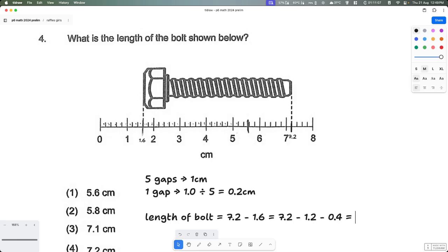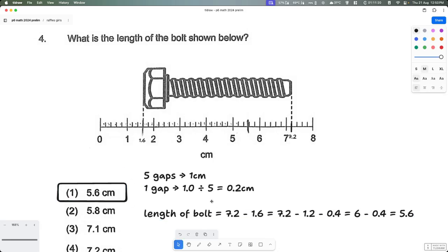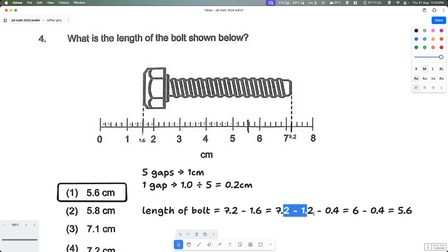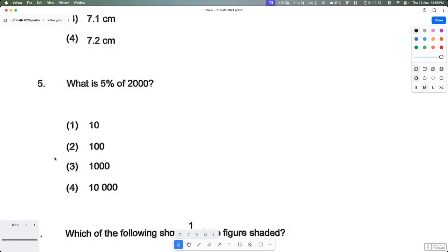That's how I calculate it: 7.2 minus 1.2 is 6, minus 0.4 equals 5.6. So the answer is option number 1, the length of the bolt. Wow, so long. Okay, let's move on to question number 5.